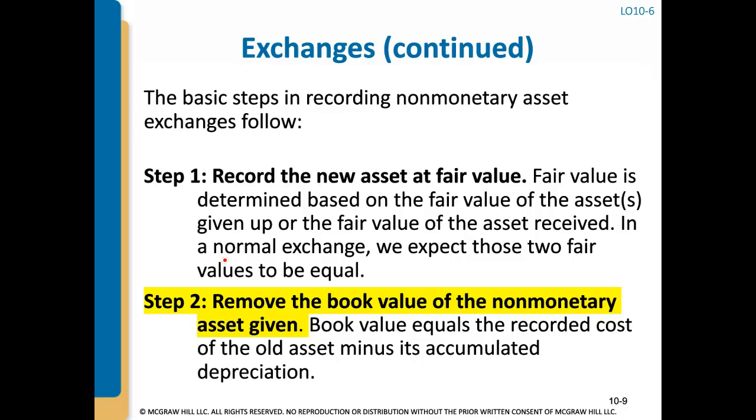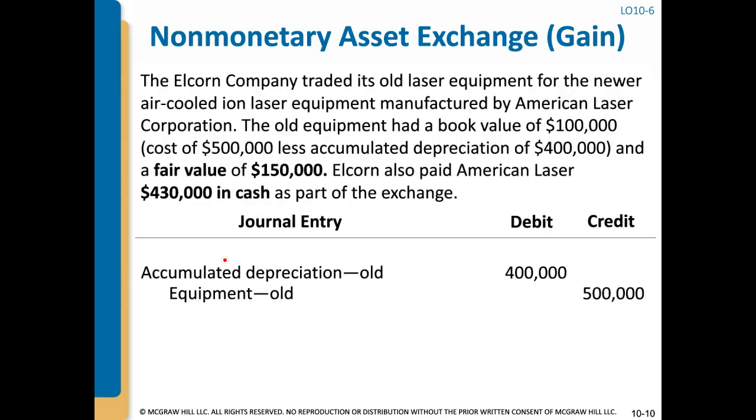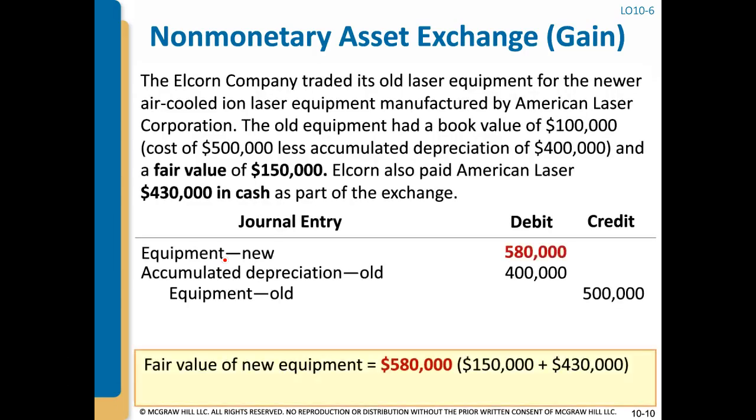Step 2 is remove the book value of the non-monetary asset given, which is the cost minus accumulated depreciation. So here's my step 1, the new equipment. Step 2, I'm going to credit the old equipment cost of $500,000 and debit the accumulated depreciation of $400,000.